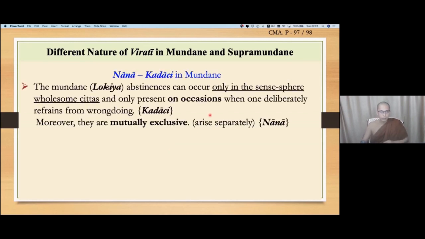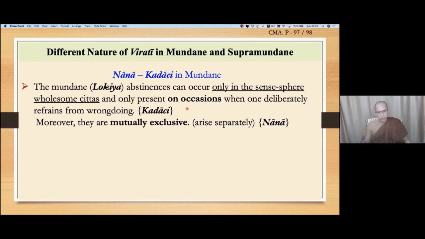So here in mundane level, so mundane lokiya abstinence, they can occur only in the sense-sphere wholesome, as just mentioned in the previous slide. They cannot arise with the resultant consciousness, and also they cannot arise with the functional consciousness. They can arise only with the wholesome sense-sphere in the mundane.